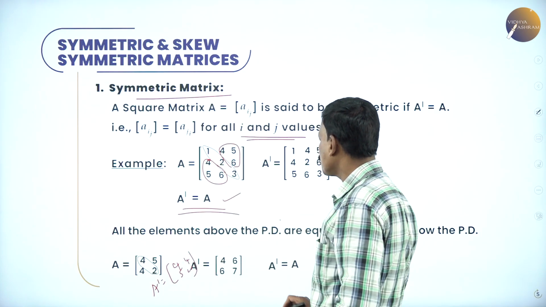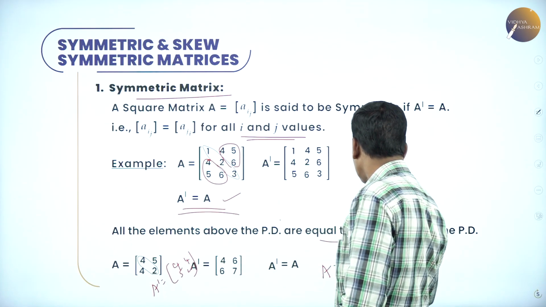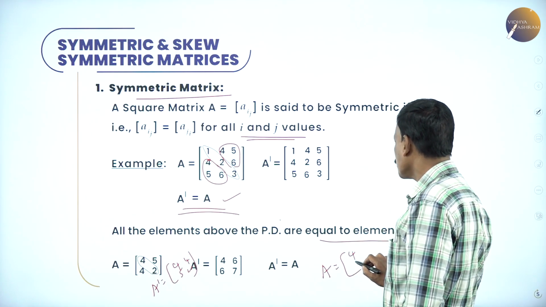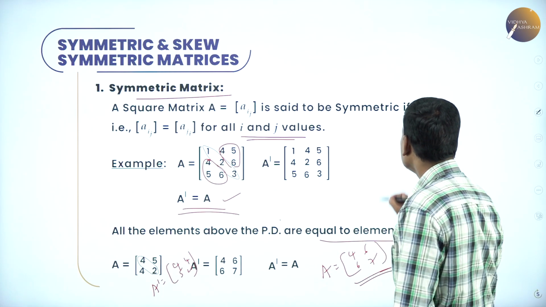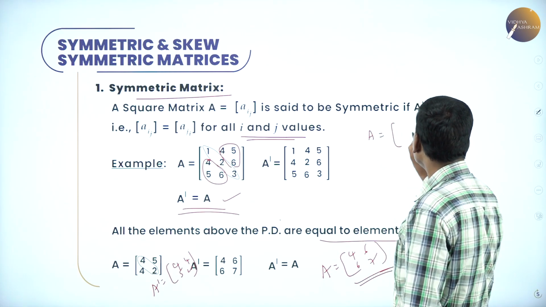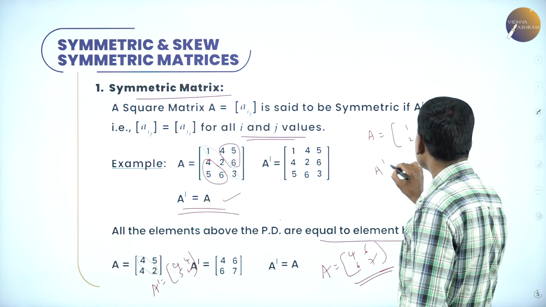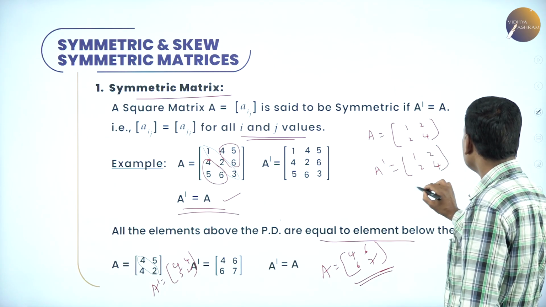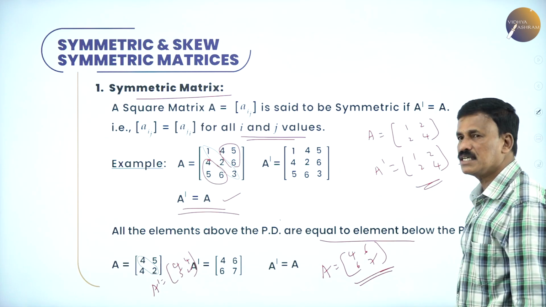So A dash is equal to A. Suppose A dash is this matrix; if I transpose A dash again, we are going to get the same matrix, 4, 6, 6, 7. So in general, if A is equal to 1, 2, 2, 4, then the transpose of this, A dash, is equal to 1, 2, 2, 4. The same matrix you are going to get. Such a matrix is called a symmetric matrix.